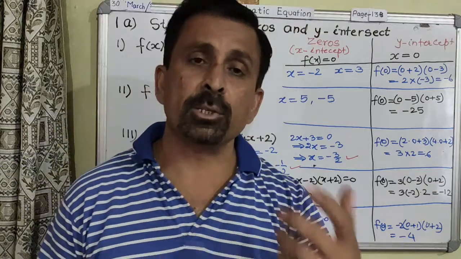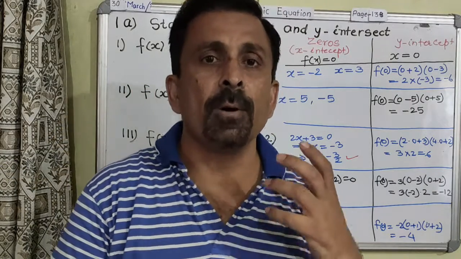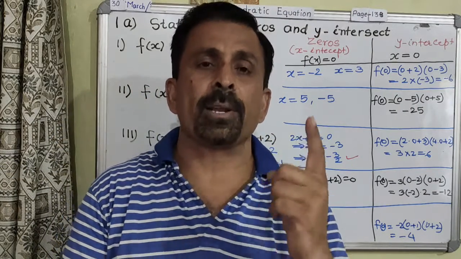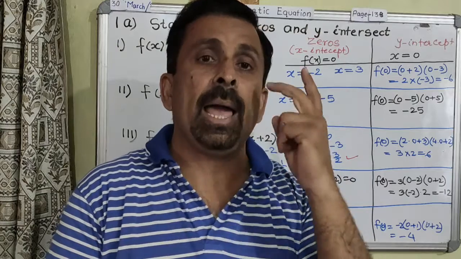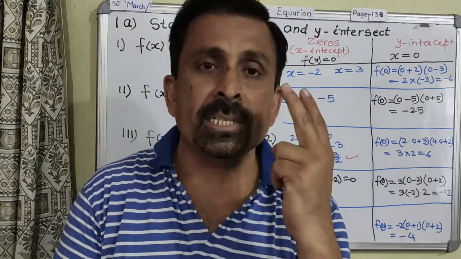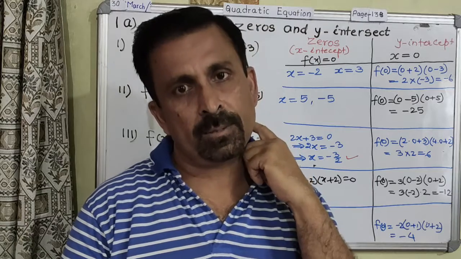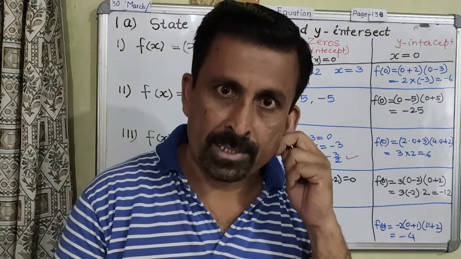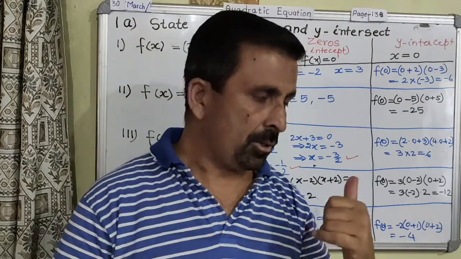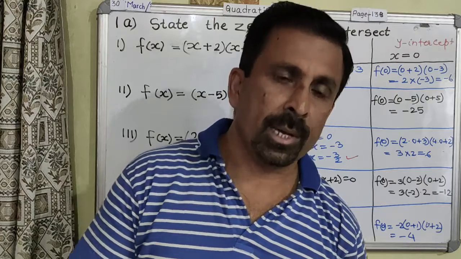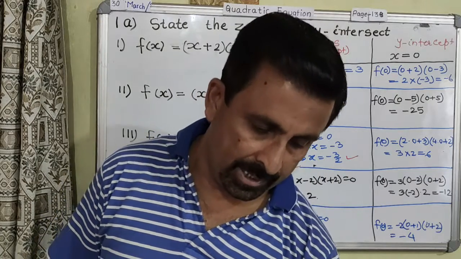Likewise, we also have a requirement for calculating the vertex, and that requirement is the value of the x-intercept. If you have the x-intercept, we can find the vertex. Is this very clear? Now I am going to show you calculating the coordinate of the vertex.